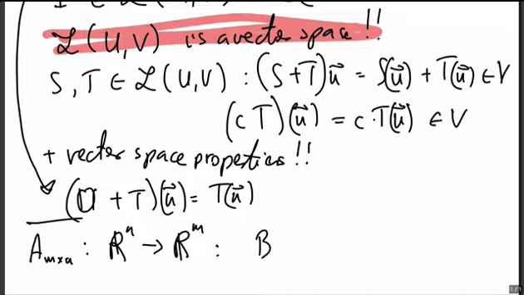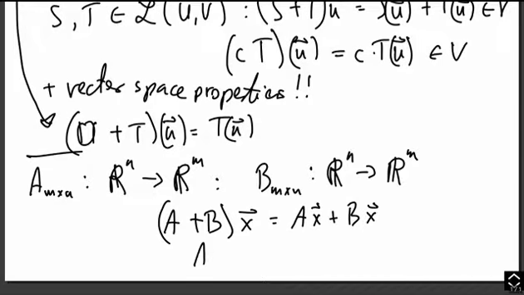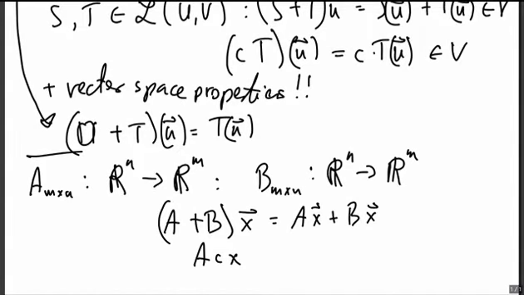If you have another matrix which is also of the same size, that also maps from Rn to Rm, then of course we can add together the matrices A plus B, and the multiplication goes term by term. Also, the scalar multiplication of the matrix is the same as the scalar multiple of the matrix-vector multiplication.